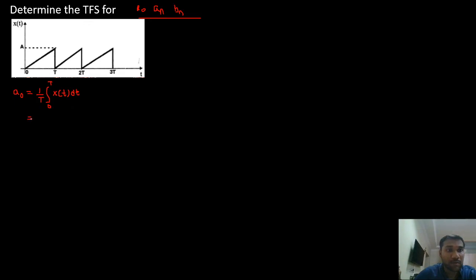So what is x of t here? It is a ramp function. What is this point? This point is T comma A, and this is 0 comma 0, right?